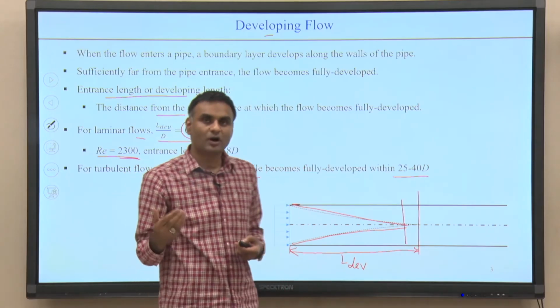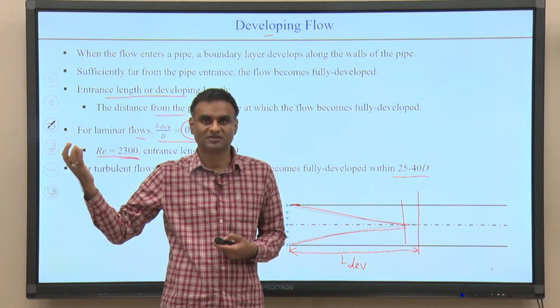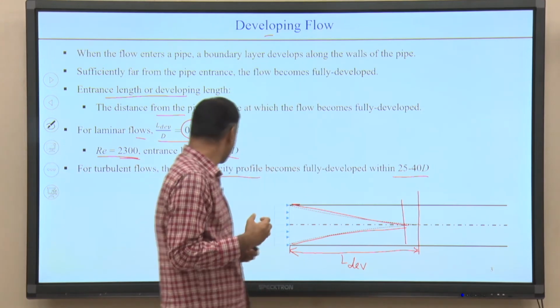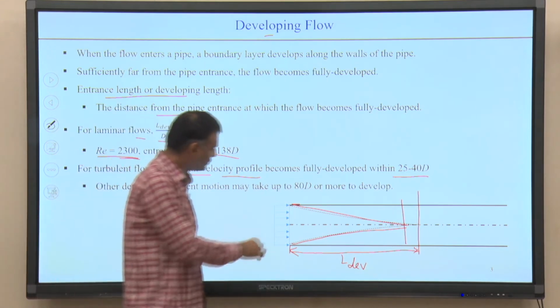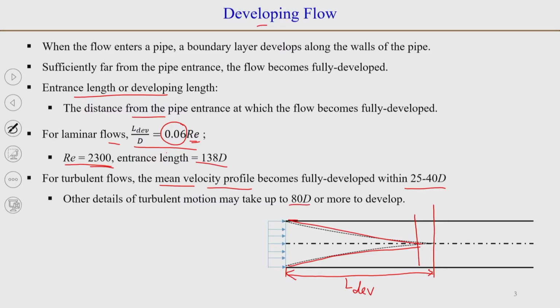But other turbulent quantities such as fluctuations, turbulent kinetic energy, etc., take longer to develop, and it may take up to 80 pipe diameters or more. So, these numbers give us an idea about how much length will be required for the flow to develop.